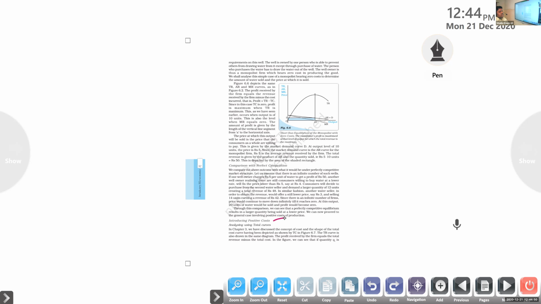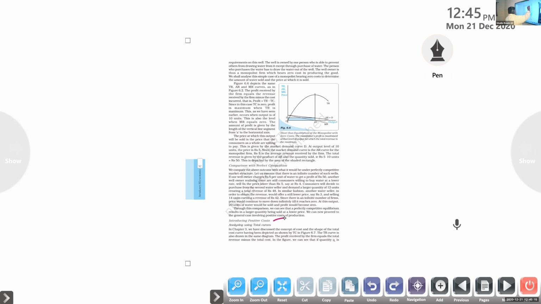Okay, so basically we are using all these curves, AR, TR, MR curves, to analyze the positive costs. And the shape of the total cost curve is depicted as shown in figure 6.7. Total cost curve, we already studied that.